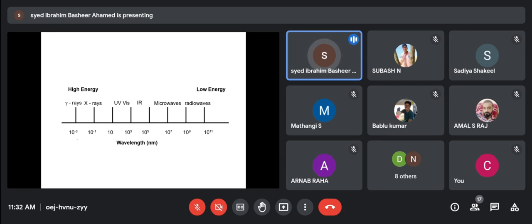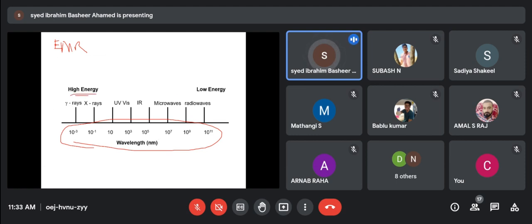Here you can see you have high energy radio waves and low energy. You know the electromagnetic radiation, EMR. You know the different wavelengths of electromagnetic radiation, and depending upon the wavelength, you have energy variation also.